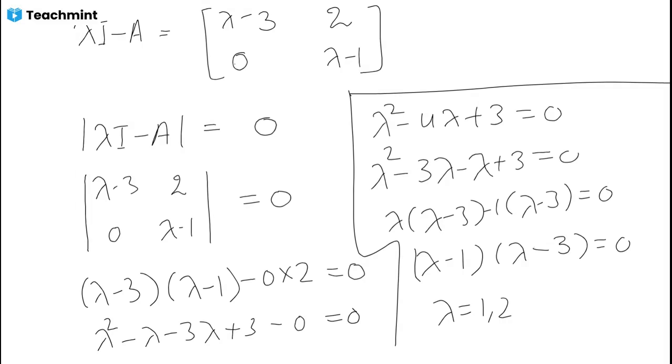They've given us the spectrum, which would be 1 and 3. In addition to giving us the spectrum, they've added a line here: A has two real eigenvalues, each of them with multiplicity 1.